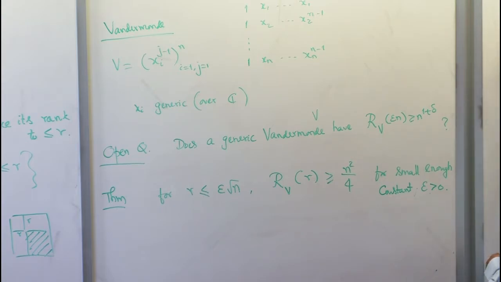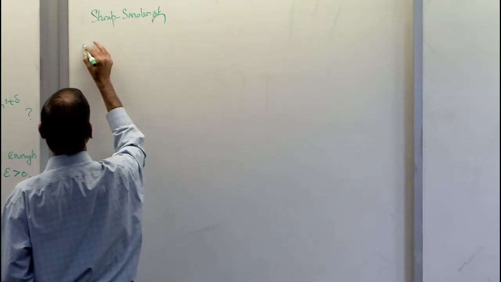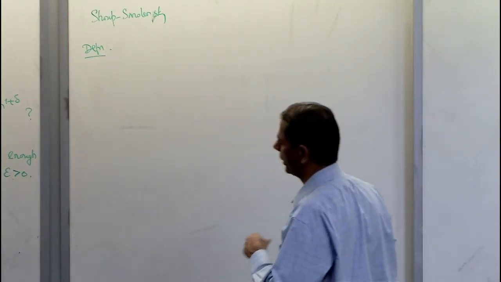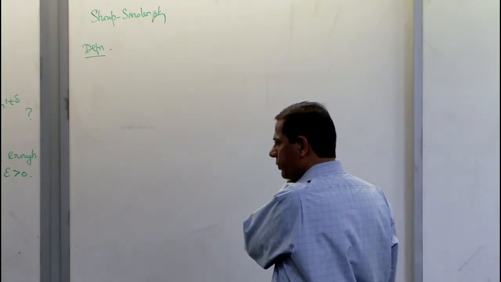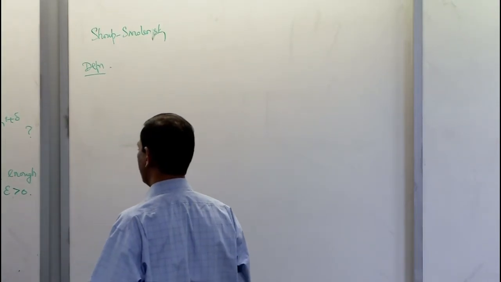It uses a notion that Shoup and Smolensky defined in the context of proving circuit lower bounds, but that turns out to be useful also to derive rigidity lower bounds, at least in some limited sense.